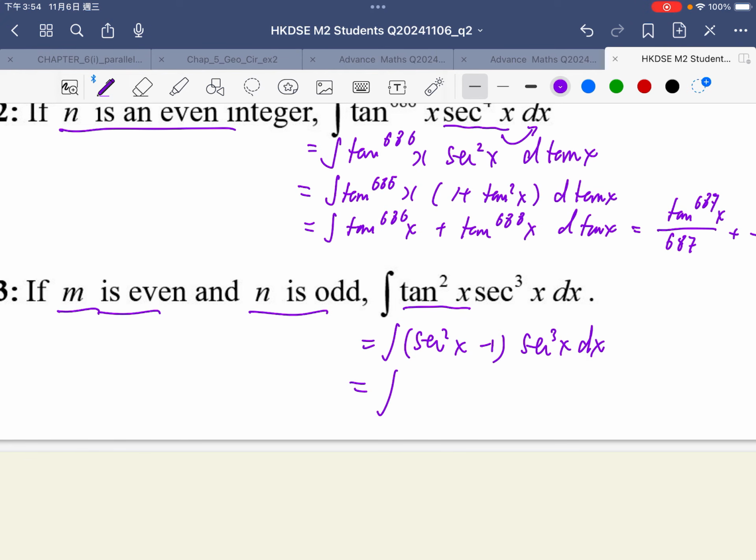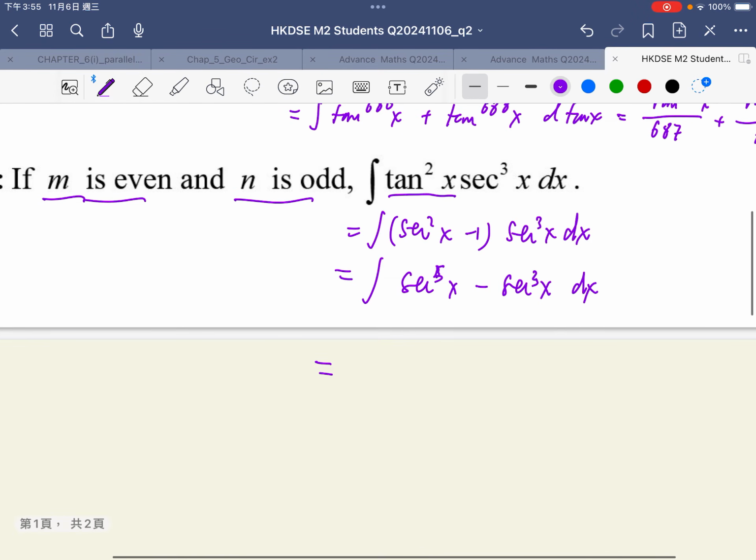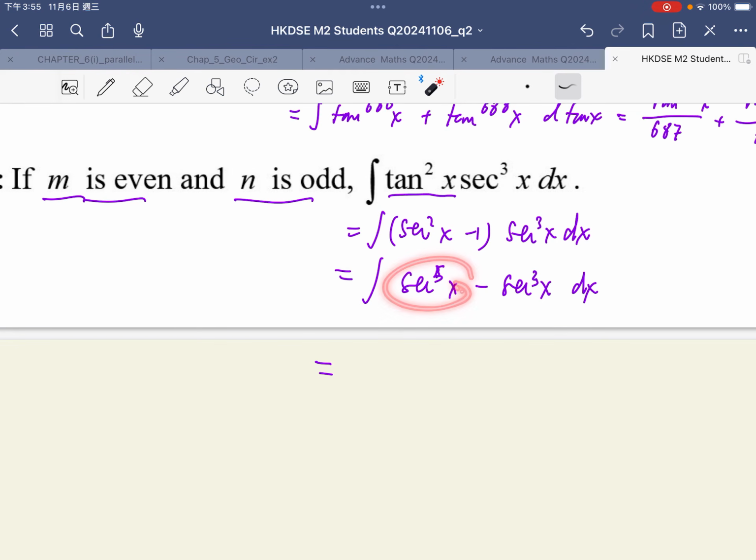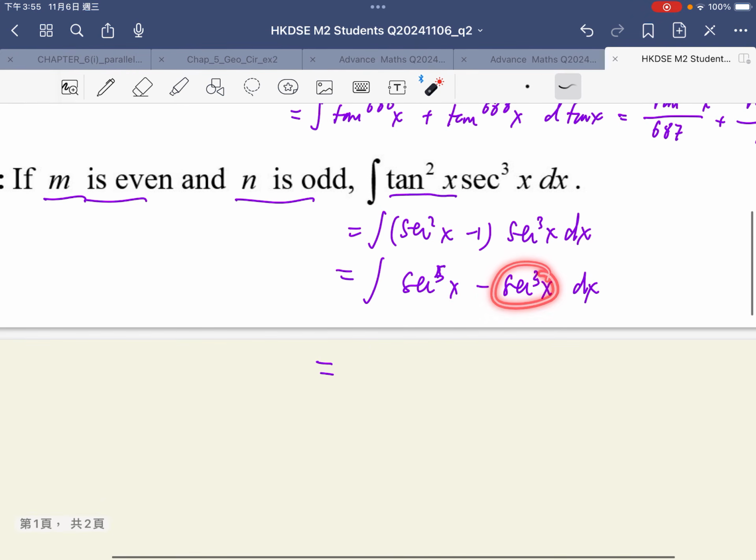And then expand this one as secant to the 5 x minus secant to the cube x. Okay, in this case, the first one is secant to the power of 5, and also secant to the cube.